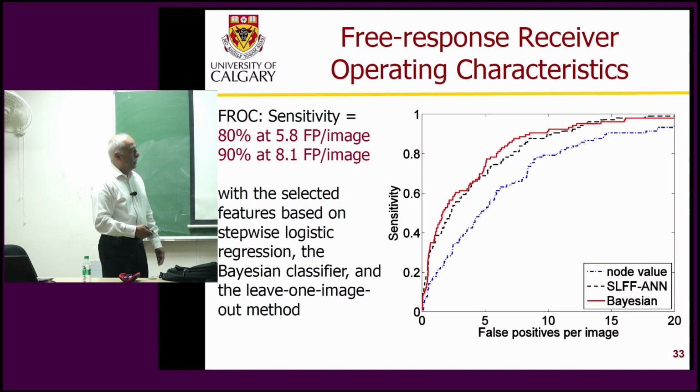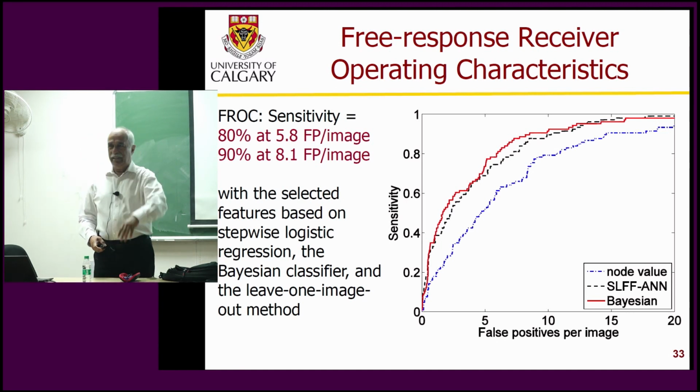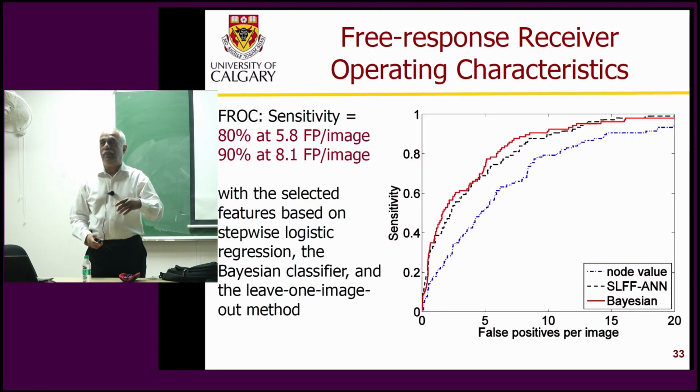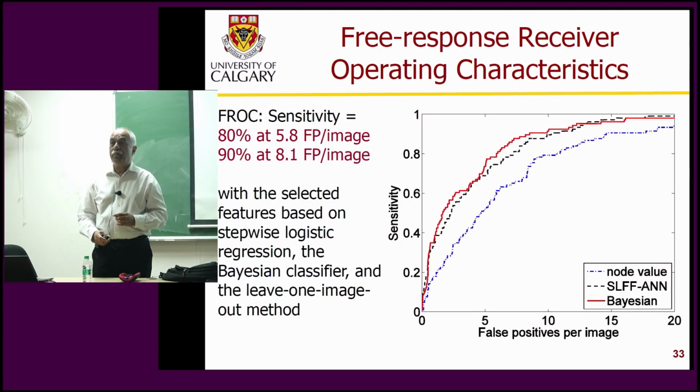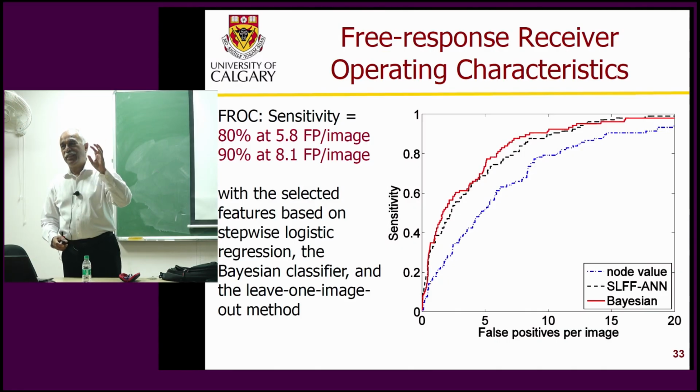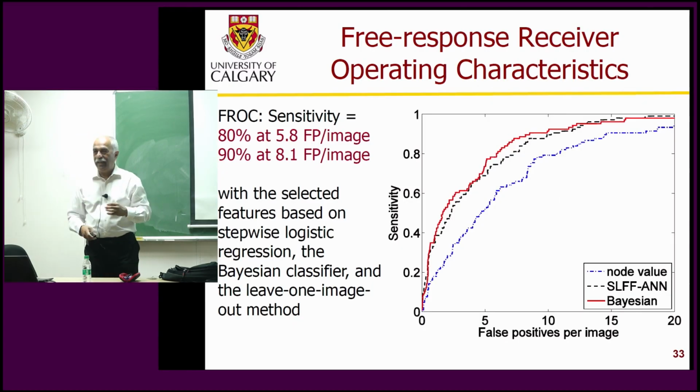As I said, I can throw 30 marks, as I did initially, and if I detect architectural distortion, I get a sensitivity of 100%. But on all the images, I'm throwing 30 marks. So on the normal images also, I'm throwing 30 marks, 30 points. Then my false positive rate will be very high.